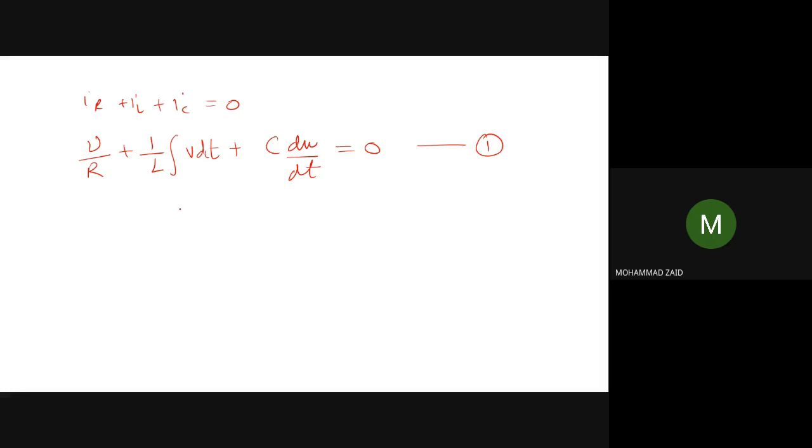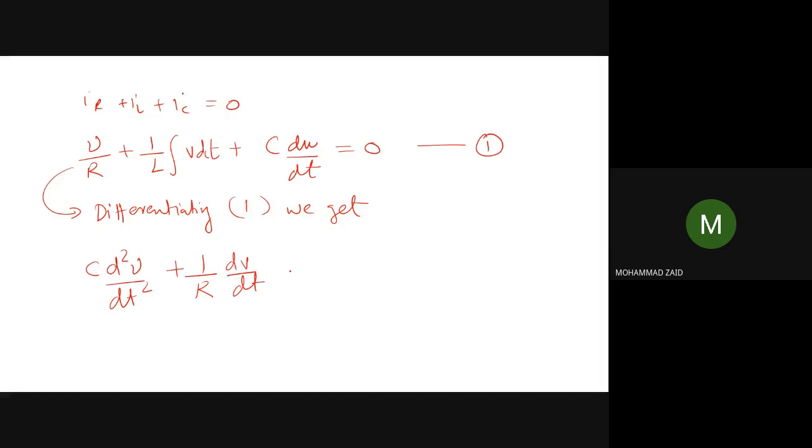Now, since this is an integro-differential equation, we need to convert it into a purely differential equation, so we need to rearrange it. Differentiating the above equation, equation 1, with respect to t, we get C times d2V by dt squared plus 1 over R dV by dt plus 1 by L V, equal to 0.